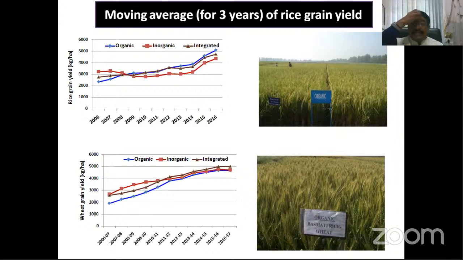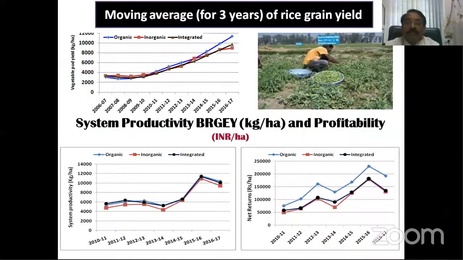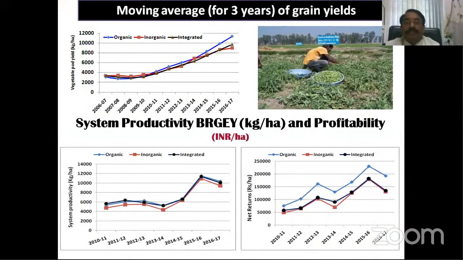Initially the productivity is less, but later on it is higher than the conventional system. For 2-3 years it was less. But if we are taking pulses, there will be no productivity loss. Productivity will be maintained or higher in the organic production system.